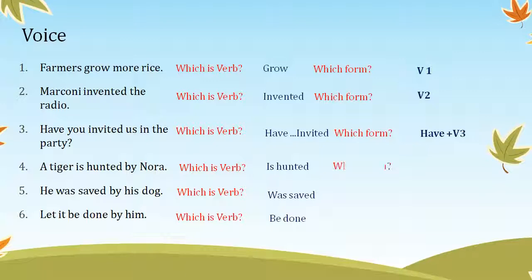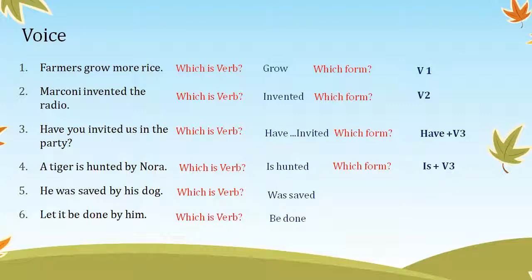Is haunted, which form? I think you can guess it. It is B3 form. Now just understand. Here it is have plus B3 form, but there it is be verb plus B3 form.